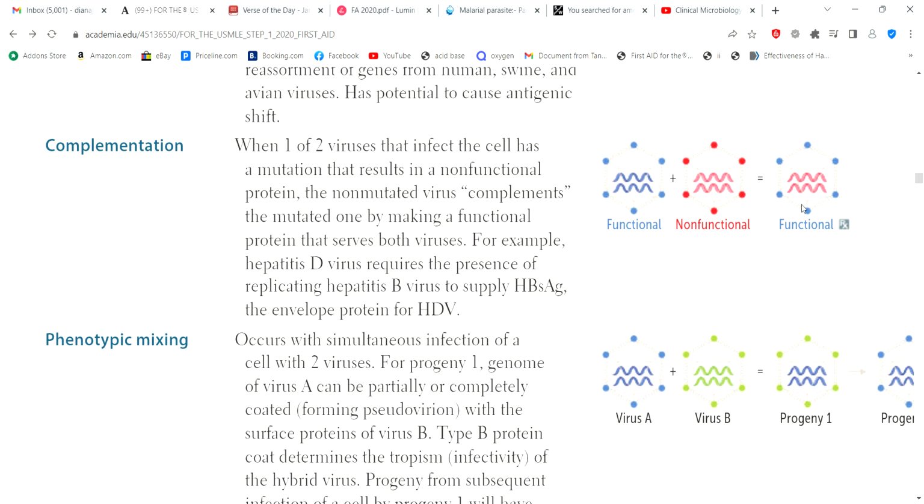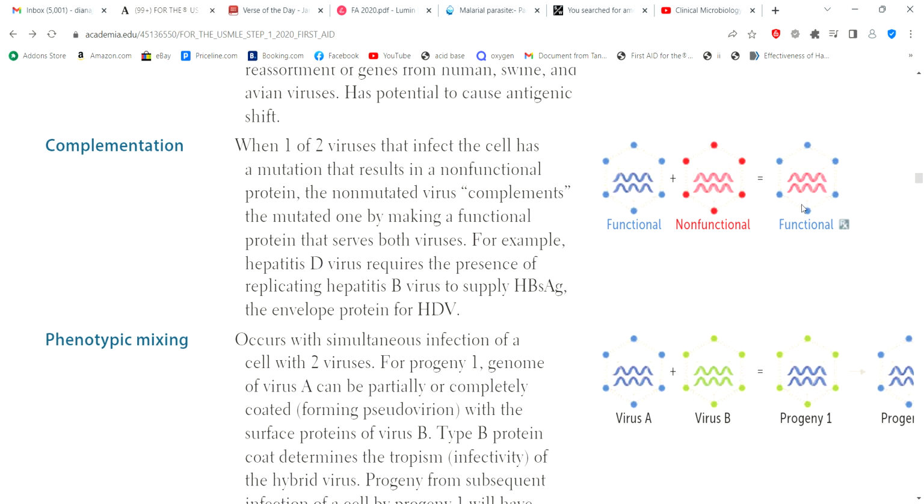Okay, so here's what that means. You need hepatitis B virus to be infected with hepatitis D virus. Hepatitis D is non-functional when given alone.